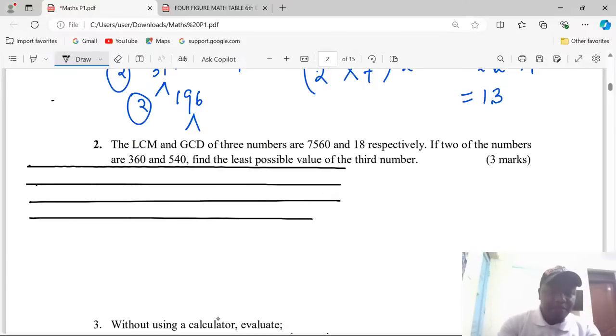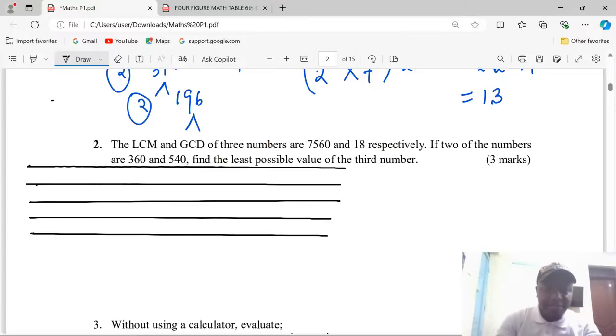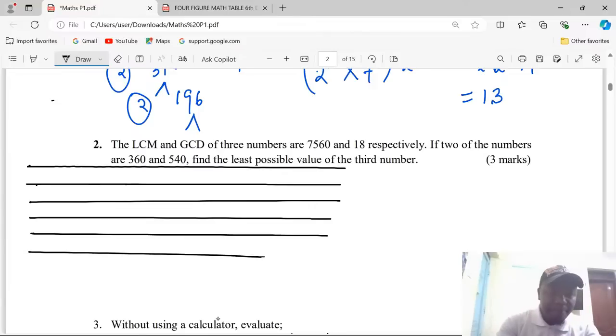Number 1 is involving prime factors. Number 2 is also involving prime factors. So let's see the least possible number. The numbers can be many, but the examiner is specific. They want the least possible number.